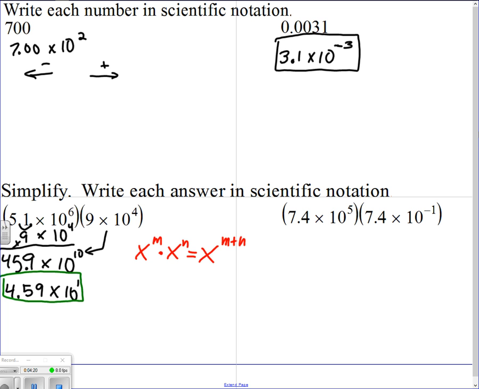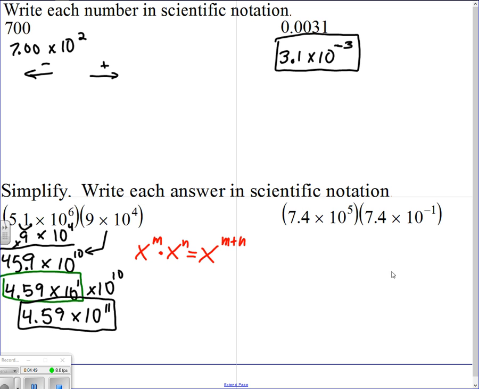So right here, I need to do times 10 to the 10. I'm just going to copy it. Okay, now the answer will be 4.59 times 10 to the what? This is the same as this over here. Add the exponents. 1 plus 10 will be 11. And there you have it. That's my answer in scientific notation.